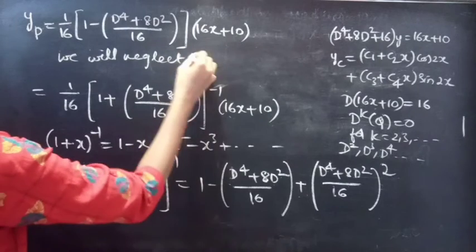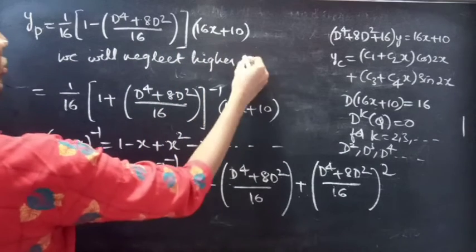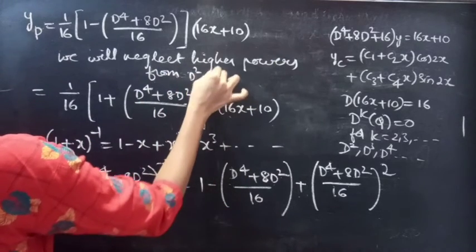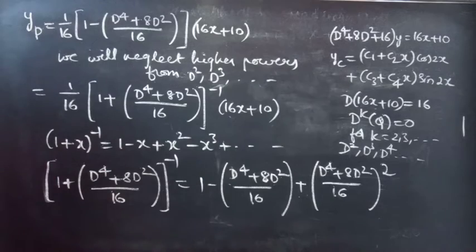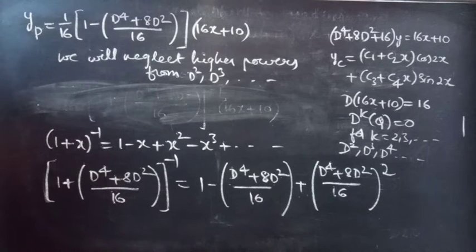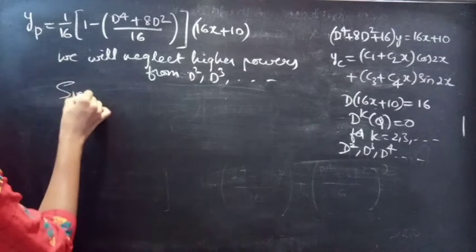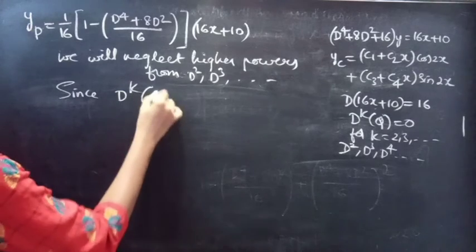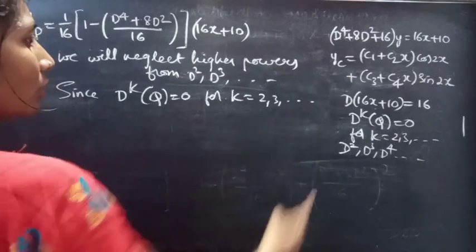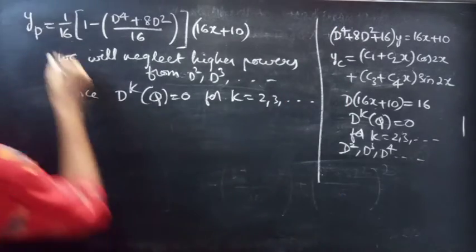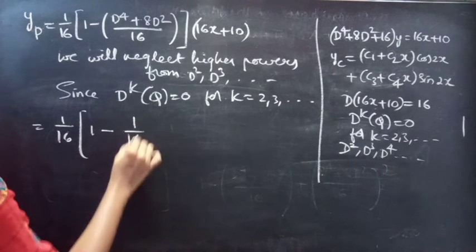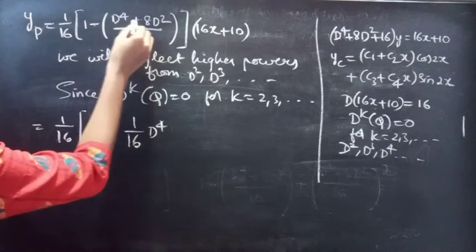Here we will neglect higher powers from D square, D cube and so on, since D power k of q is 0 for k equals 2, 3 and so on. We have already checked. Now this becomes 1 by 16 into 1 minus 1 by 16 D power 4 minus 8D square by 16, with plus and minus signs.